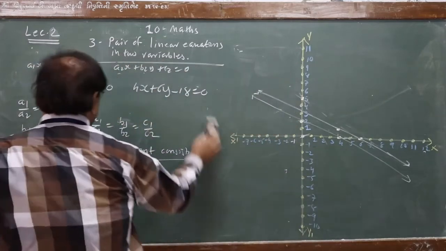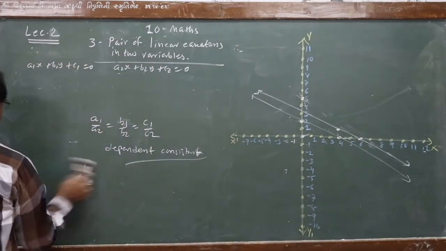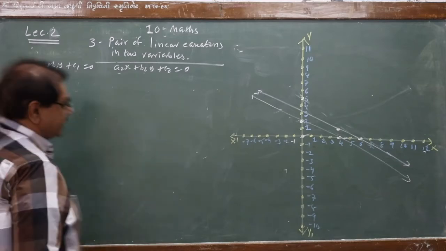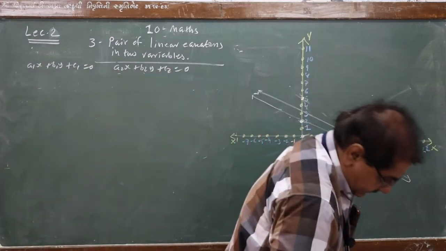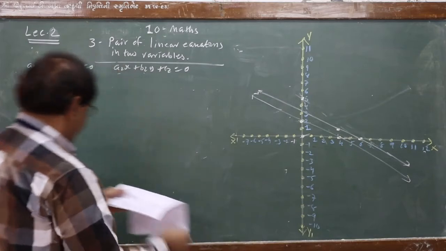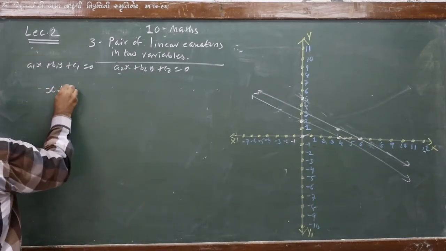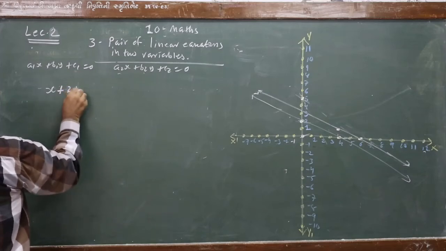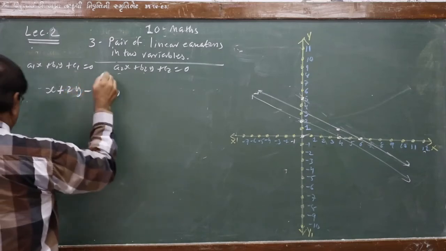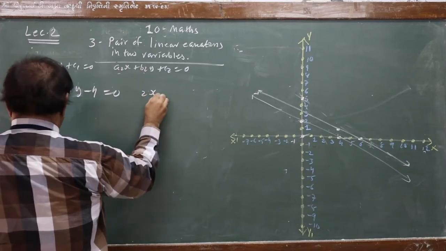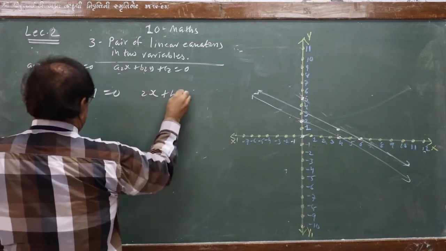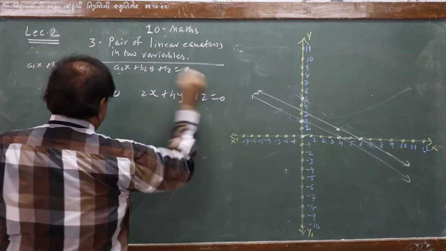And the third one, regarding the rail, we took as the last example, that I take now. The third one is x plus 2y minus 4 equal to 0. The second was 2x plus 4y minus 12 is equal to 0.